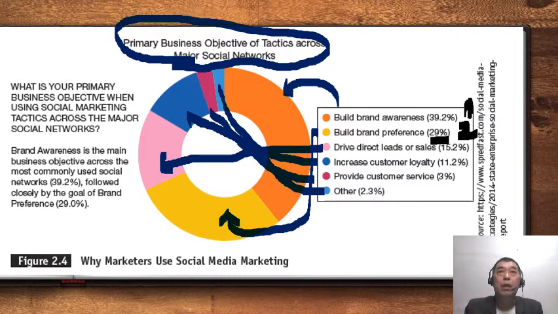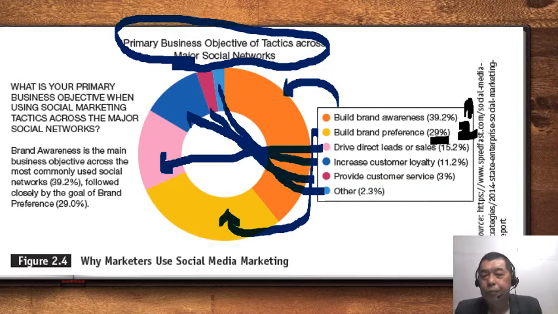So if this is your objective, it has to be reflected in your goal. For example, how to build brand awareness and increase brand preference as your goal. Therefore, setting up the objective should be related to that goal. The question is, how are you going to establish brand awareness? That is your objective.